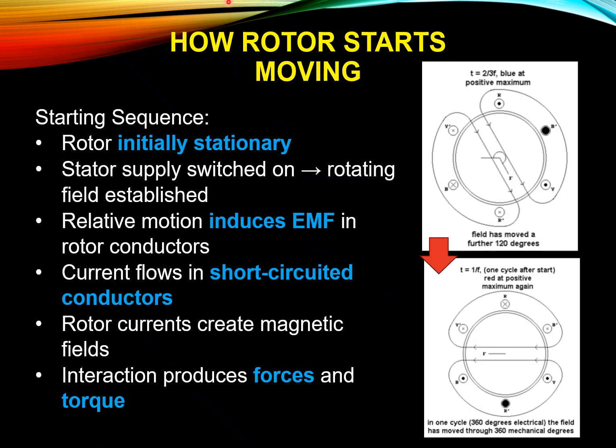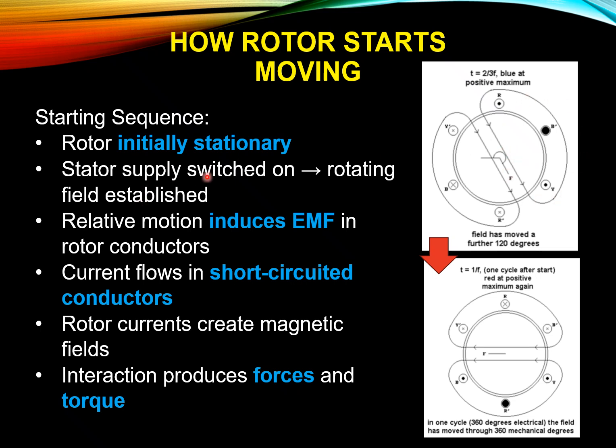Okay, so how does the rotor start moving? Usually the rotor will be stationary initially. At time equals 0, the rotor is stationary. The stator supply is switched on, and it will create a rotating field.